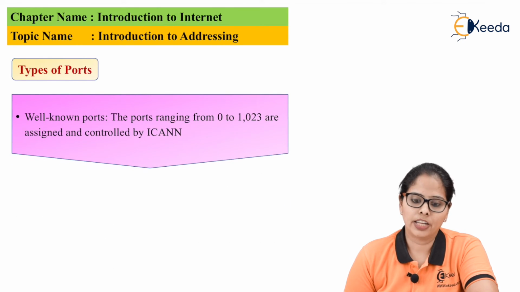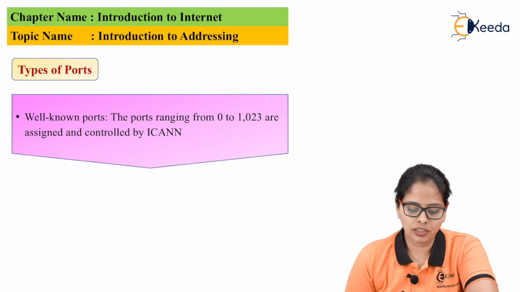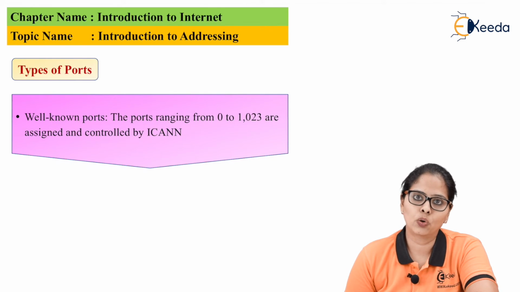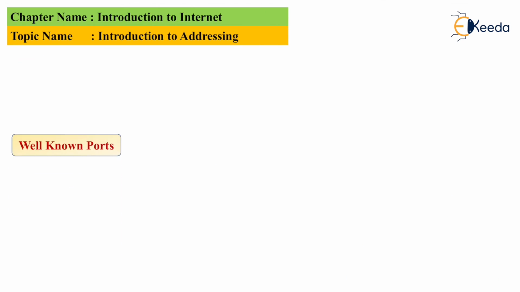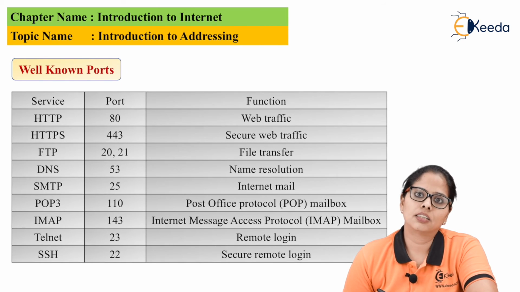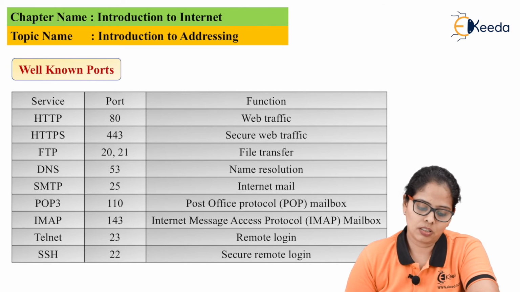So first are the well-known ports. The ports ranging from 0 to 1023 are assigned and controlled by ICANN. Now let us consider examples of well-known ports. HTTP uses port number 80. HTTPS uses port number 443.